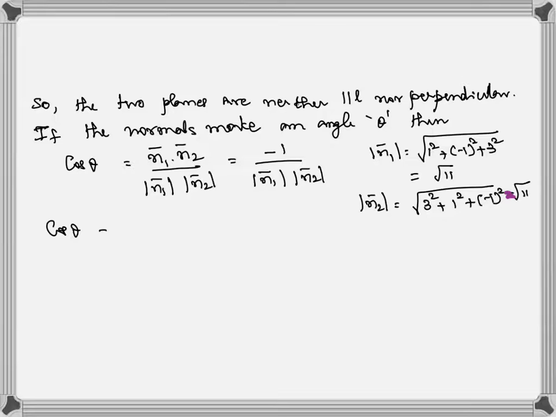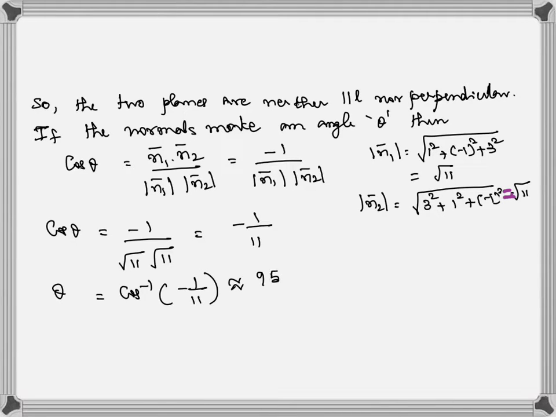So cosine theta is equal to negative 1 over square root of 11 times square root of 11, which is negative 1 over 11. We can find theta by taking the cosine inverse of negative 1 over 11, which will be 95.2 degrees. We're asked to approximate to the nearest decimal.